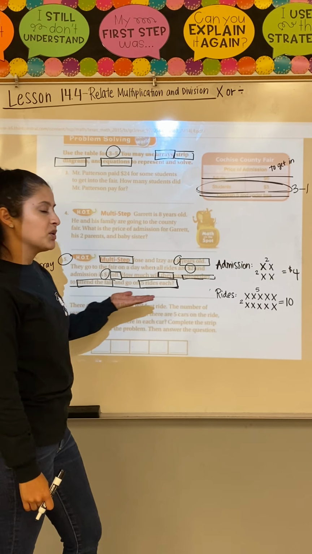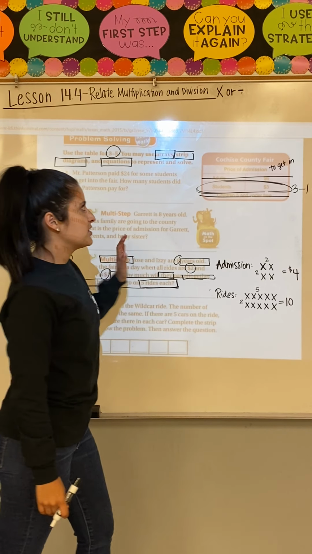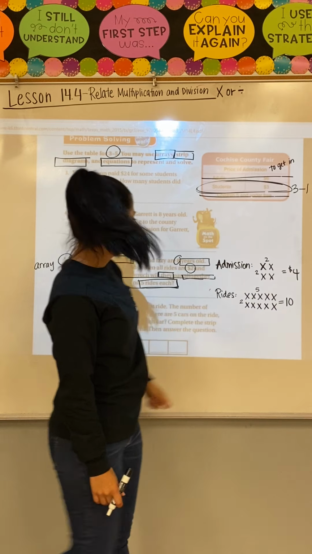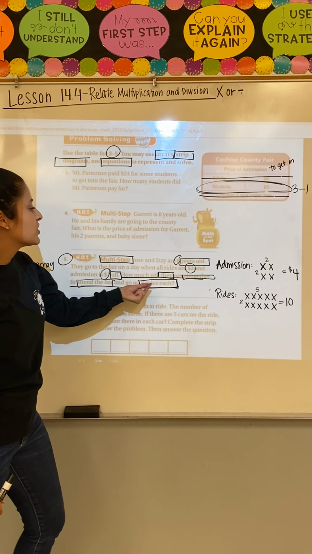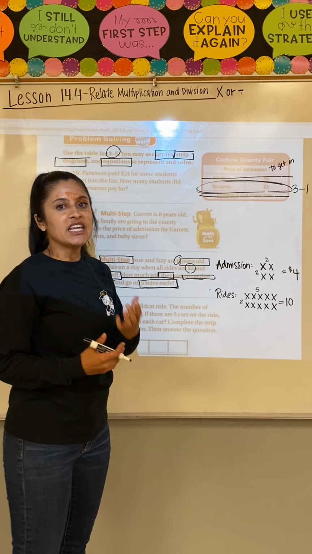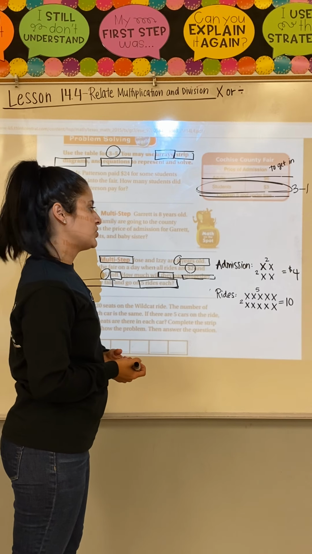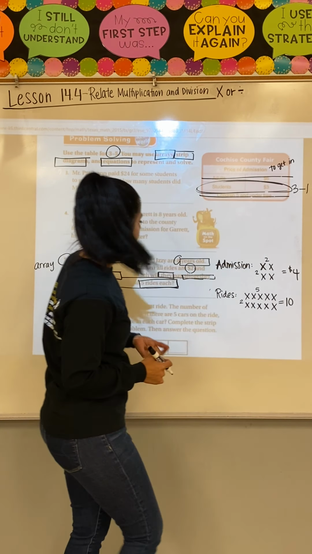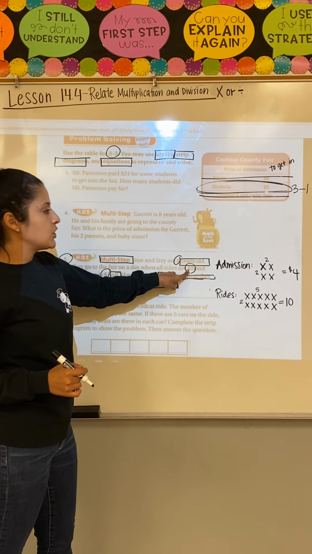So what do we know about the price of the rides? Well, it's not going to be in this stimulus. It's going to be back in our word problem. The rides are $2 each. Every ride is $2. Well, I have 10 rides in all. $2 for each ride.